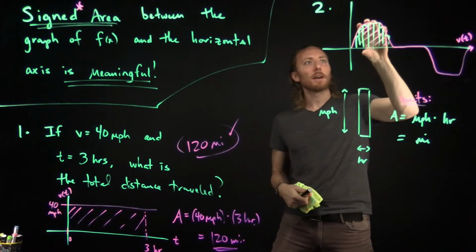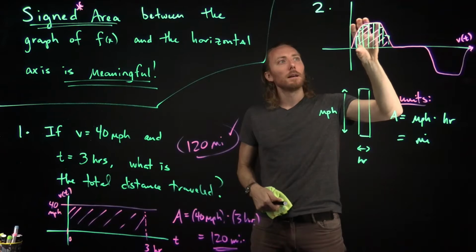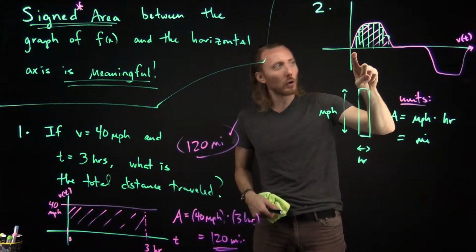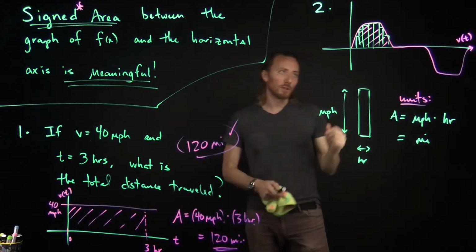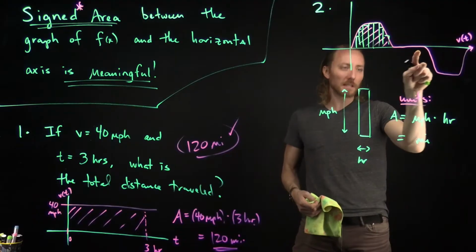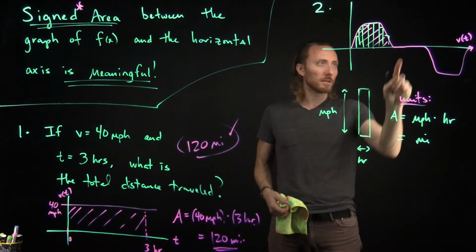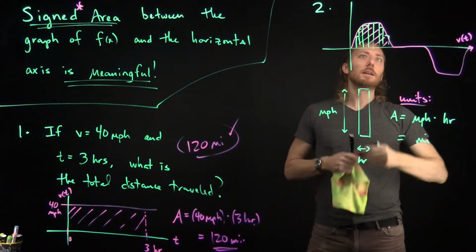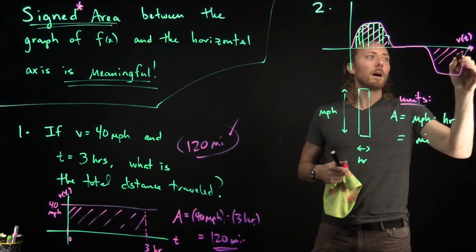And so this area above the horizontal axis is corresponding to a distance traveled from home to class, and then you were sitting in class when your velocity was 0, meaning that the miles that were being traveled during that time was also 0, and then as time passed, you ultimately headed your way back home.